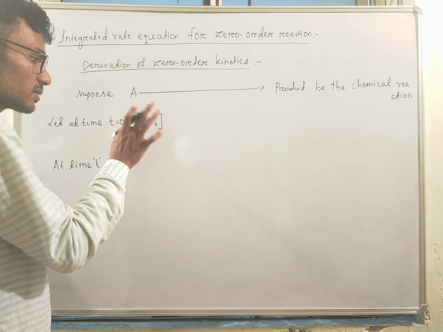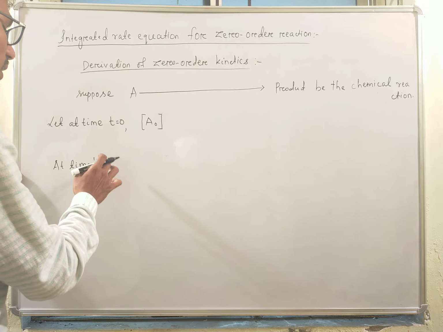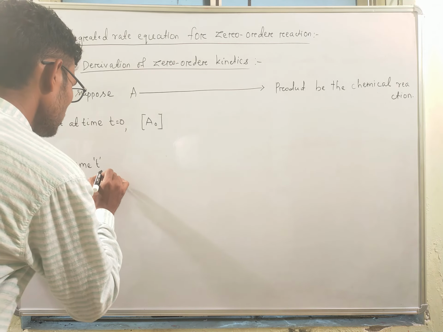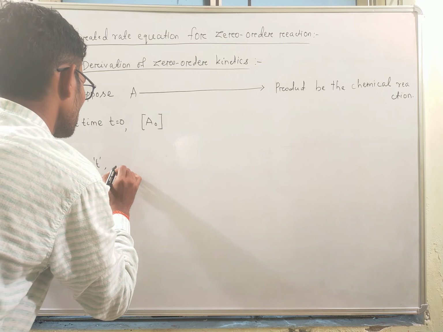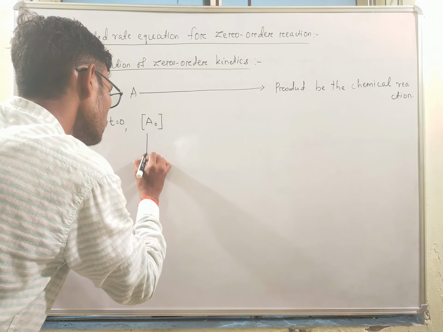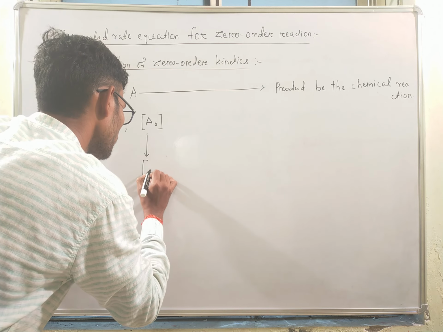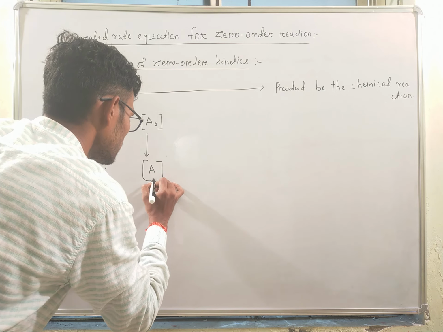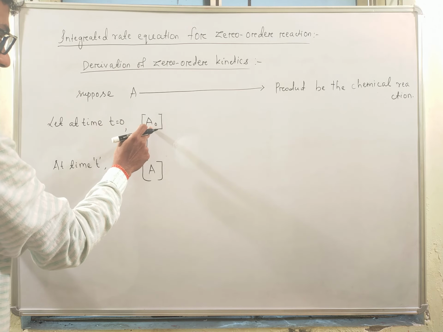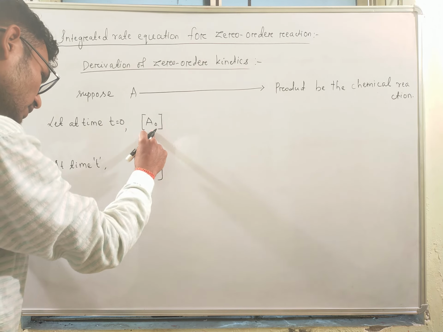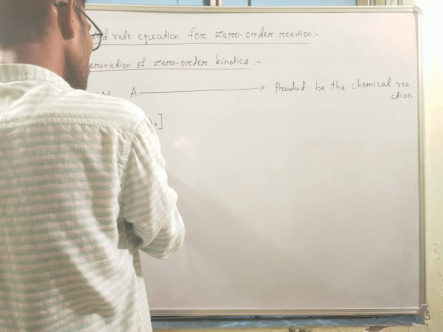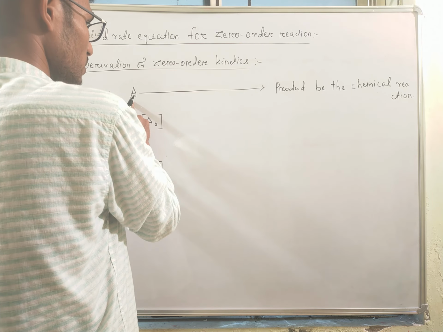At a particular time t, whatever it may be, the concentration A naught suppose decreases to A. At time t equals 0, A naught is the initial concentration of reactant.